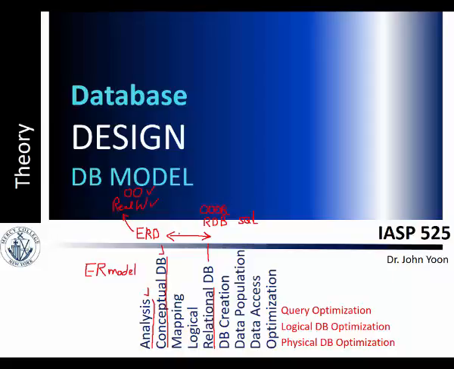To bridge the gap, we need to have a mapping process. This is a very, very important process, mapping. What we want to do is map the ER diagram to a relational database. A relational database is nothing but a set of tables.